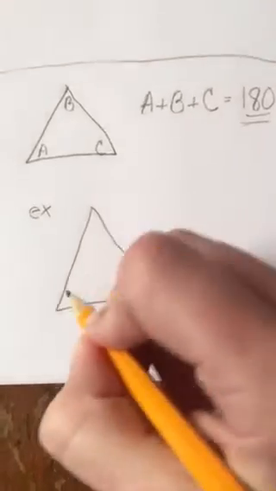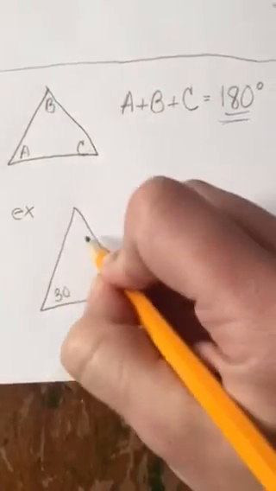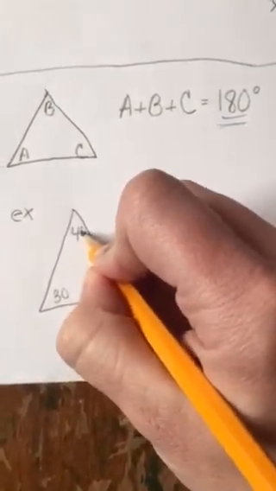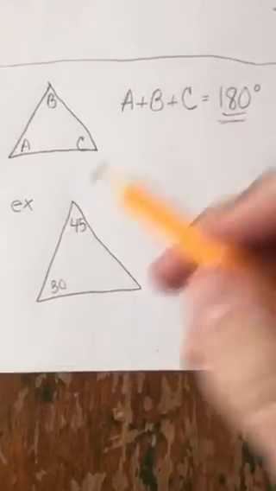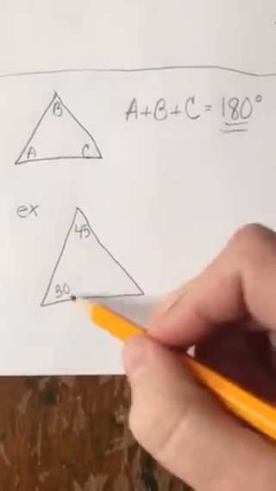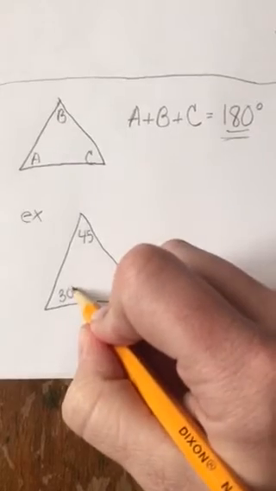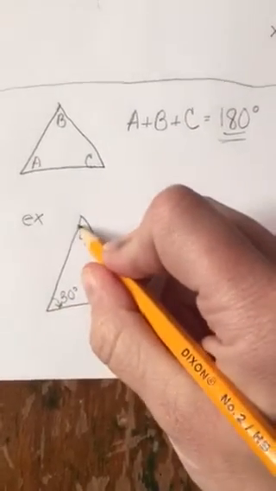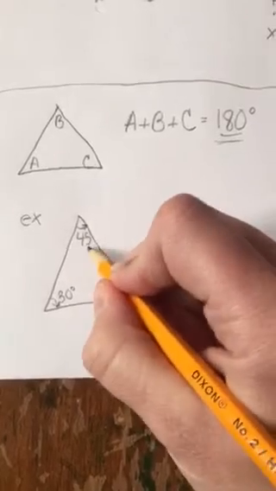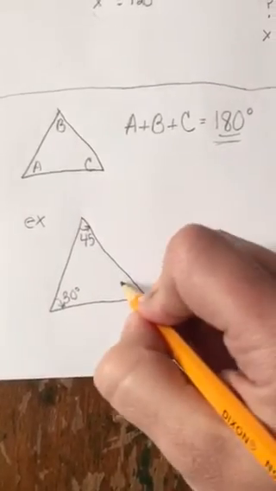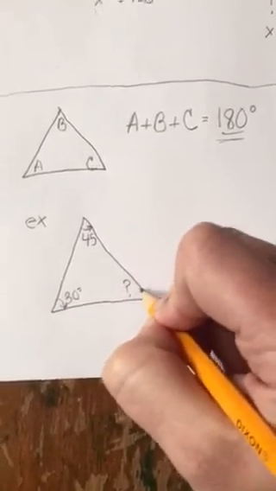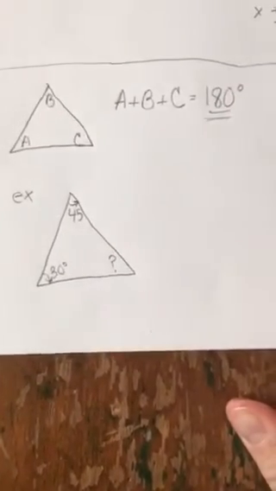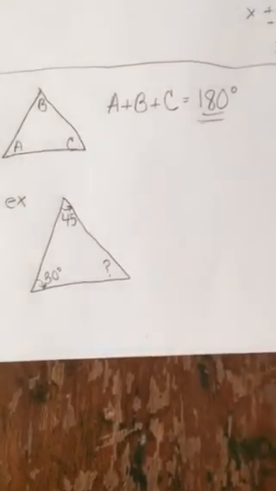Here's my triangle. I'm going to give you two angles. So let's say this angle here is 30 degrees. That's from here to here. It's 30 degrees. From here to here, this angle is 45 degrees. And I want you to find out what that third angle is.